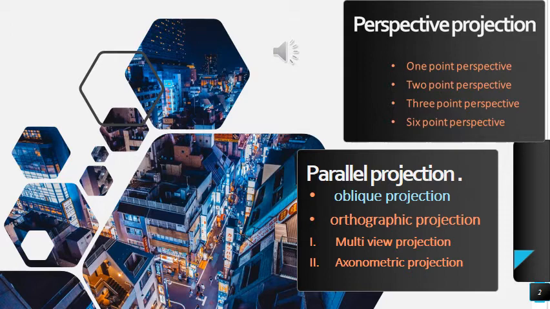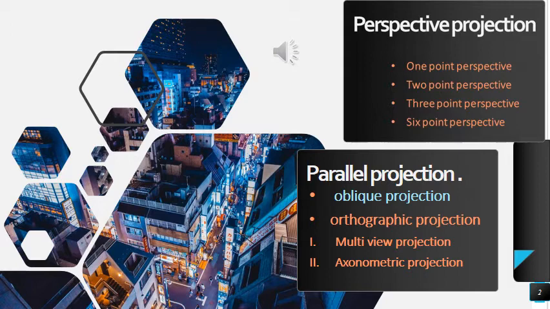That's about perspective projection. Things which are closer are shown in a bigger size, and things on the back side of the object are shown in a smaller size. The second thing is that the angles are not defined in perspective drawings; the angles depend on the eye level of the viewer.